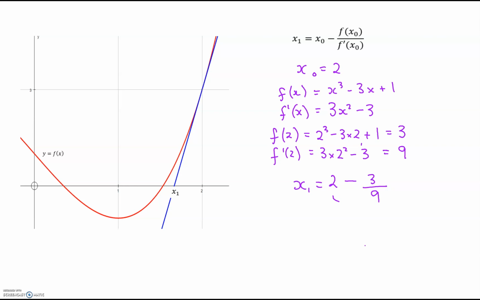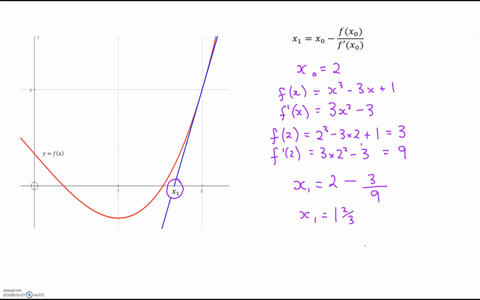So we've just substituted in all of our values using x0 equals 2, and we've found a value for x1. 3 over 9 is clearly a third, and so x1 equals 1 2/3. And you can see from the diagram that that's a good value. You can see that it sits at a position where 1 2/3 is a sensible answer.